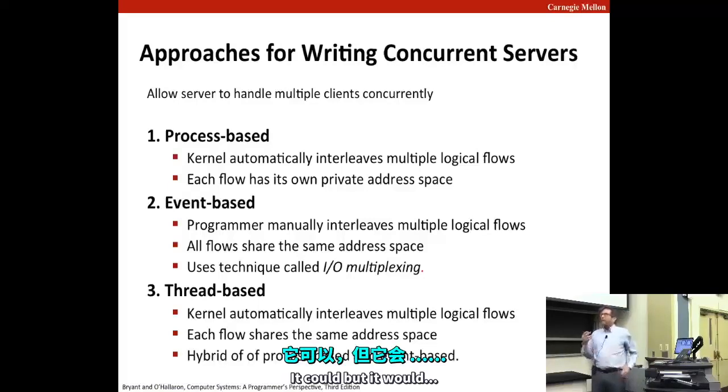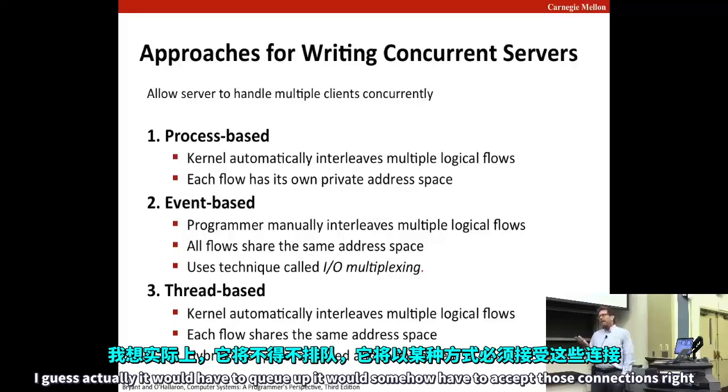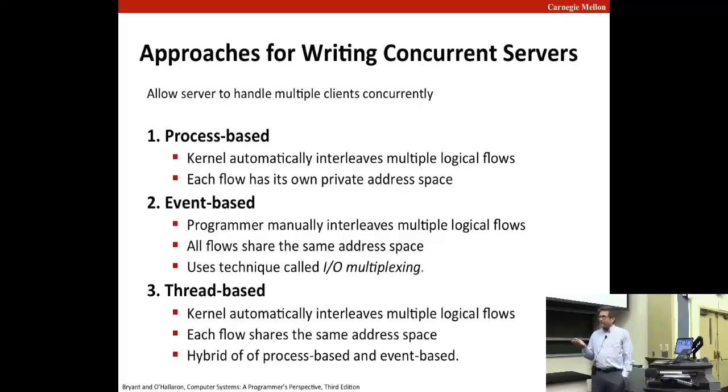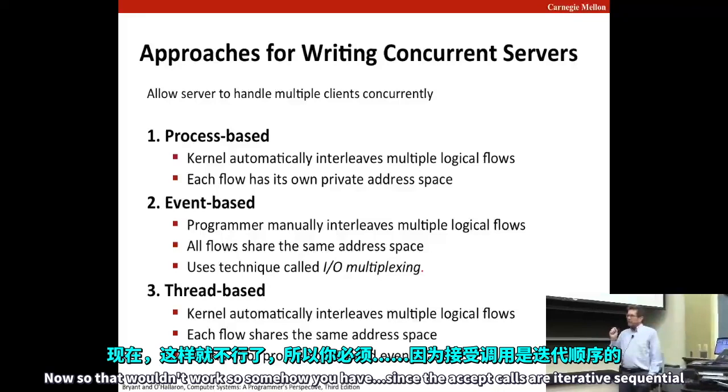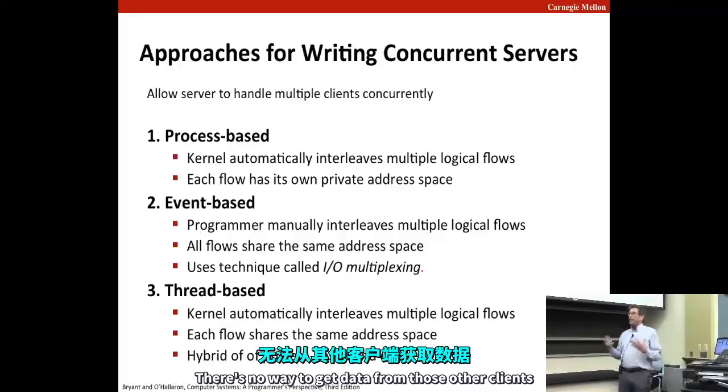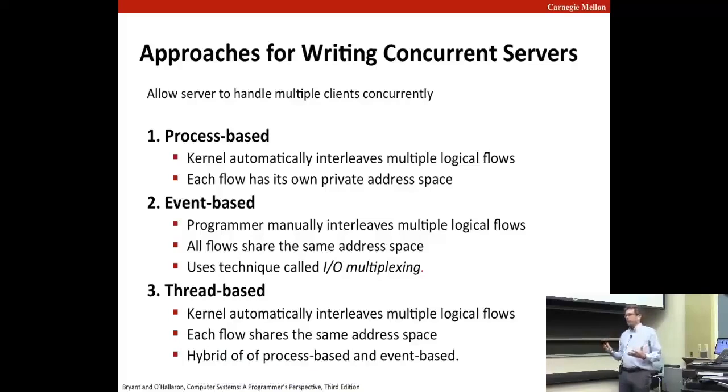No, I guess actually it would have to accept those connections, right? So that wouldn't work. Since the accept calls are iterative, sequential, there's no way to get data from those other clients.